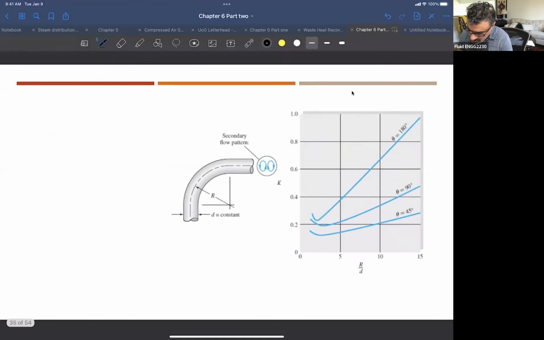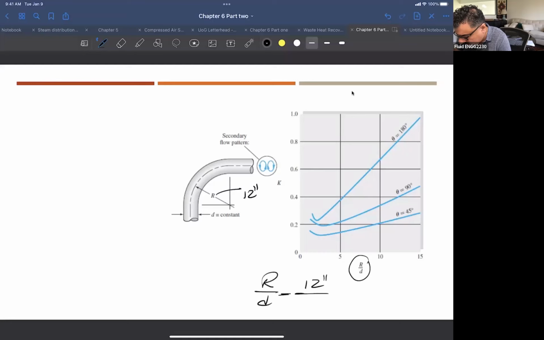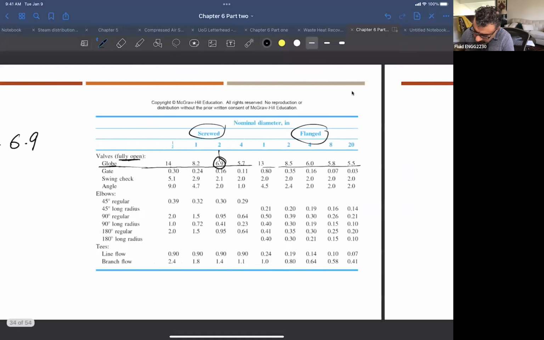And then you go again to the long radius elbow. The radius is given as 12-inch, right? Which means that R over D is 12-inch over the diameter of 2-inch. That means this is 6. That means it's somewhere here. And this is a 90-degree elbow, right?